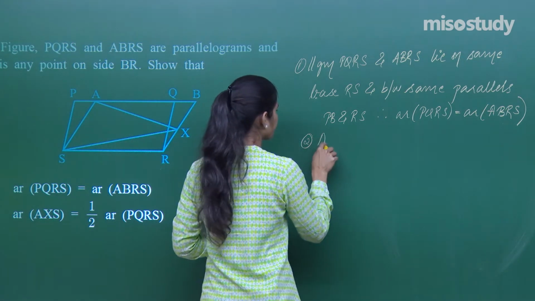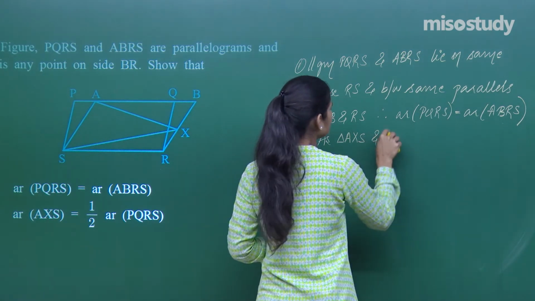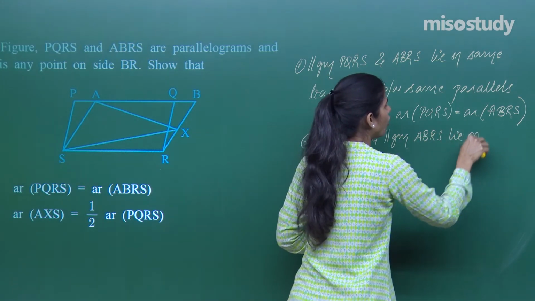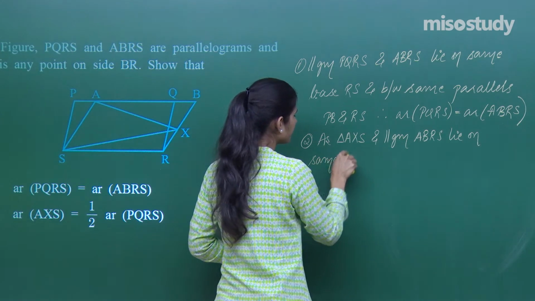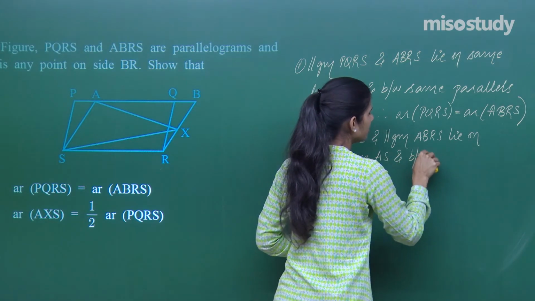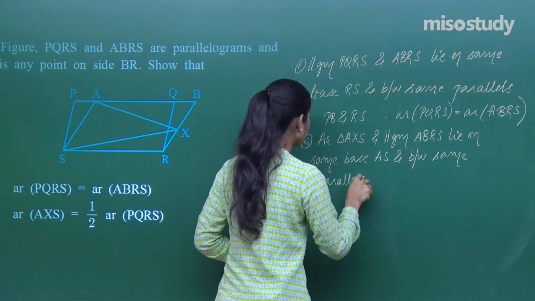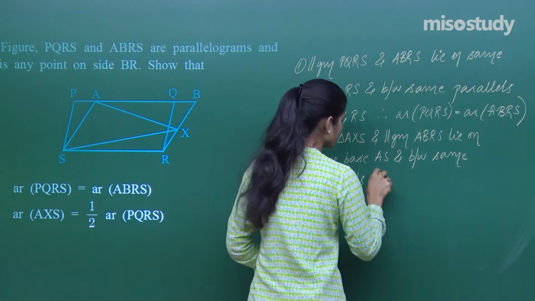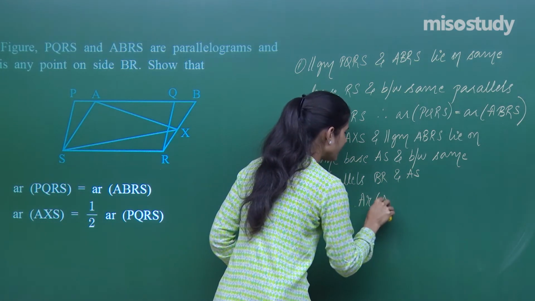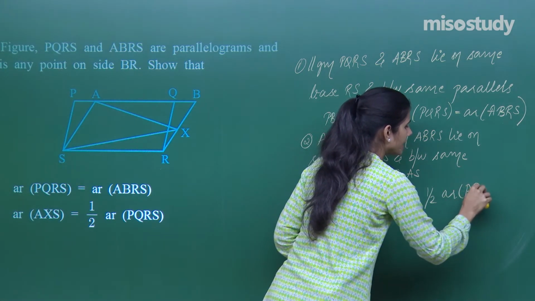So as triangle AXS and parallelogram ABRS lie on the same base AS and between the same parallels BR and AS, therefore area of the triangle is half of area of the parallelogram.